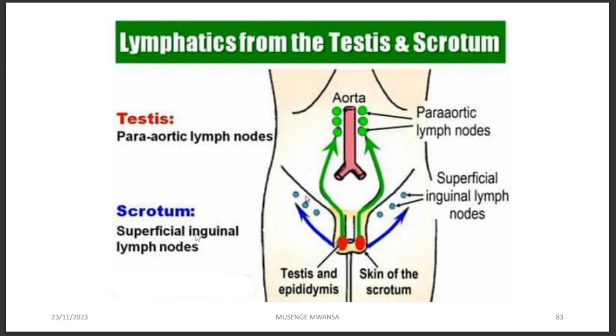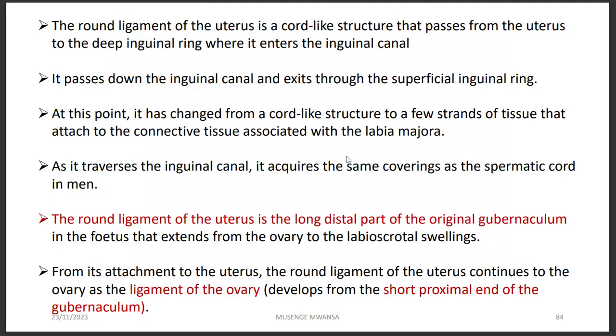And then the scrotum will be able to take their lymph to the superficial inguinal lymph nodes, or the superficial group of inguinal lymph nodes there. So that is how these are going to be able to drain their lymph. Including also the skin of the scrotum, the skin of epididymis will also go to the superficial inguinal lymph nodes, but the testis will go to the para-aortic lymph nodes.